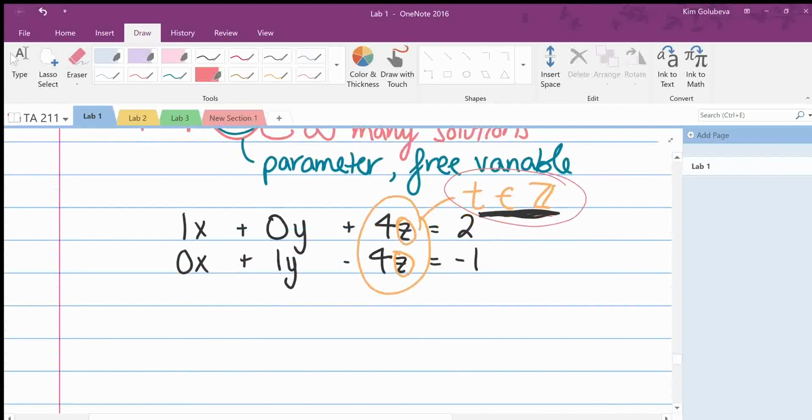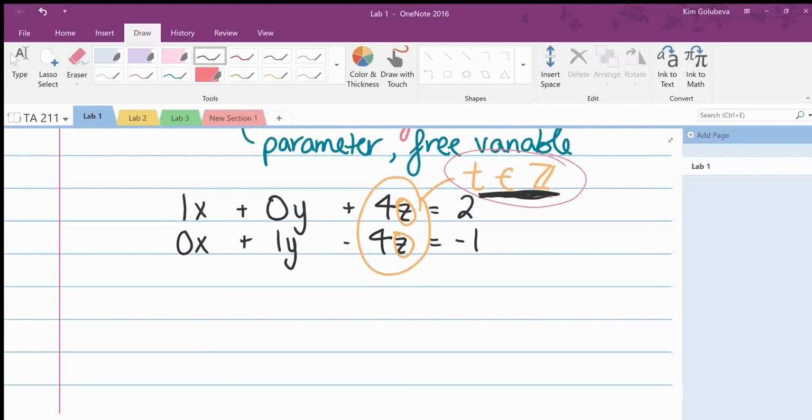Okay, so we can see that if we move everything over to the other side here, because we want to solve for x and y, let's solve for x first.